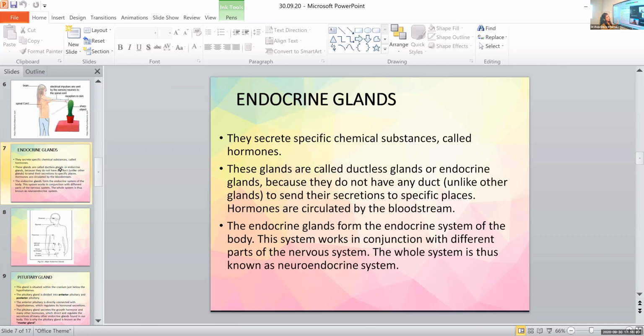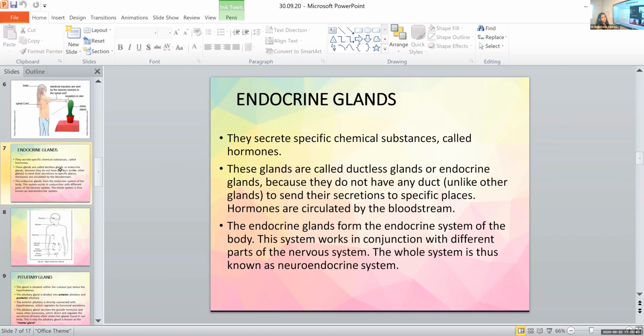But endocrine glands are the ductless glands. They don't have a duct to send their secretions, and they directly secrete into the bloodstream.